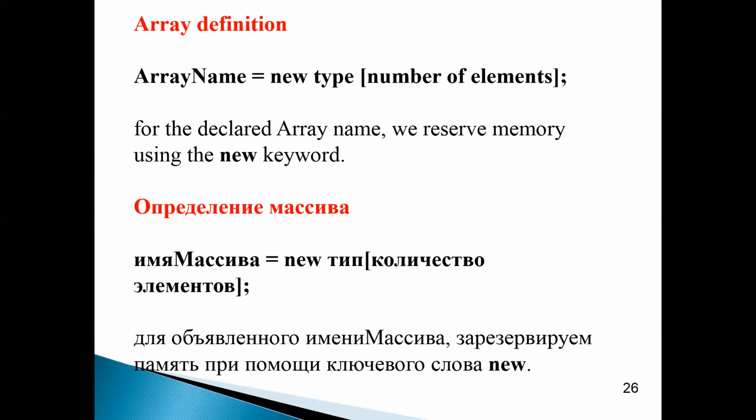You can see array name equals new type and number of elements in square brackets. For the declared array name, we reserve memory using the new keyword. New keyword, please remember it.